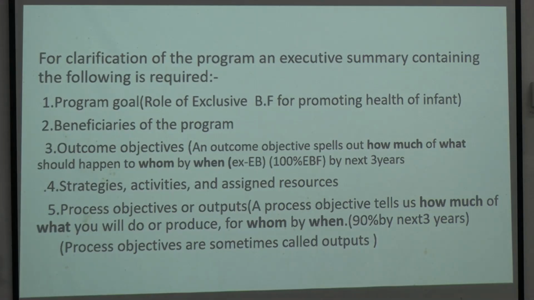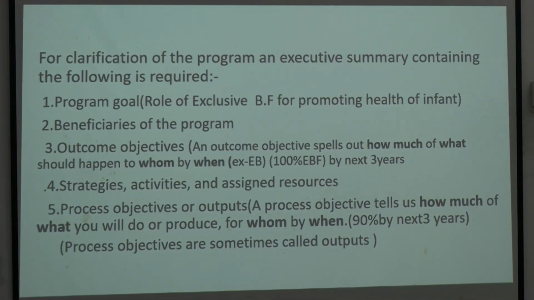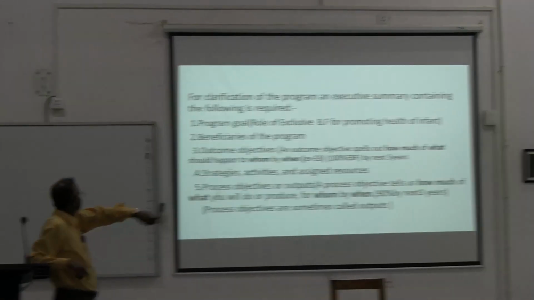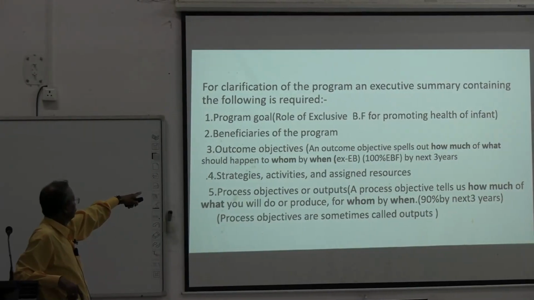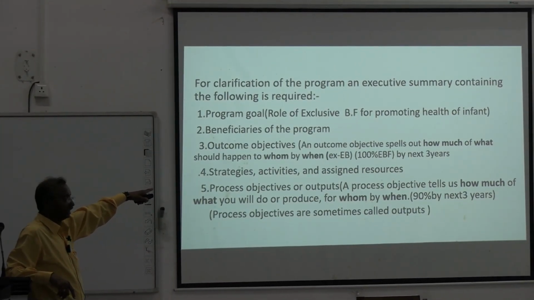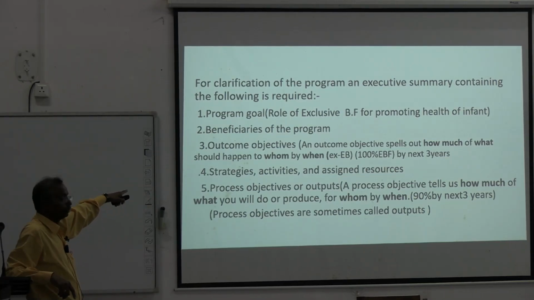This is the ideal one. It may not be the real one. We will go into details about how we can implement the program or how much we can implement. That is process objectives. Later on I am coming to that. So be clear about the outcome objectives. That means it tells how much of what should happen to whom by when.